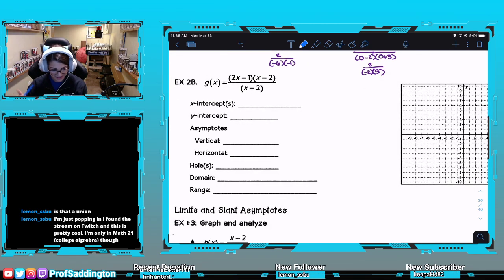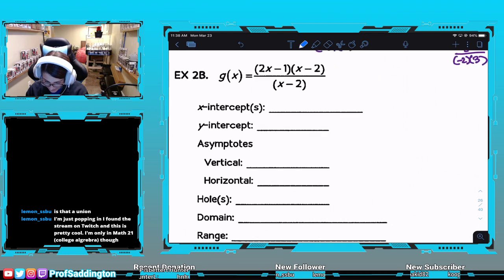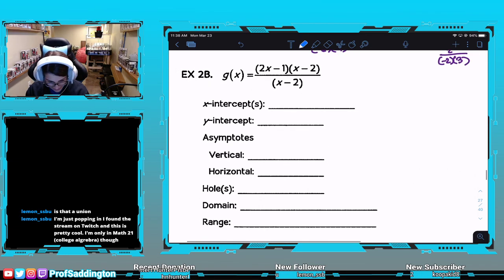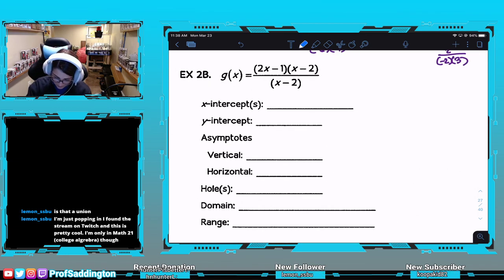All right, this case is fun. So we still want to find all that information. But if you notice, when we look at this function, we have a quantity of x minus 2 on the top and a quantity of x minus 2 on the bottom. So that would simplify out, wouldn't it? It's gone.